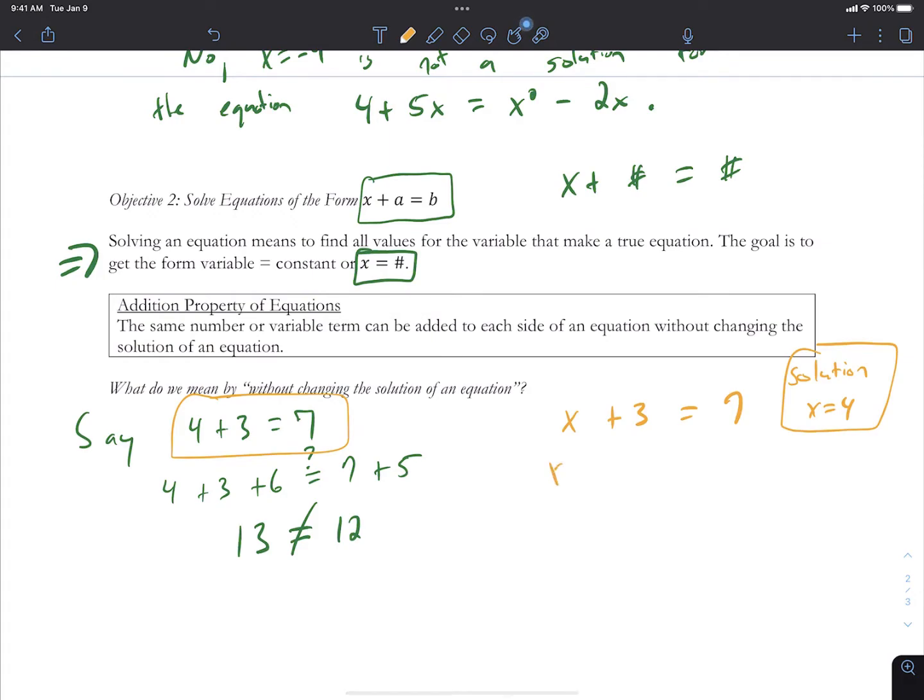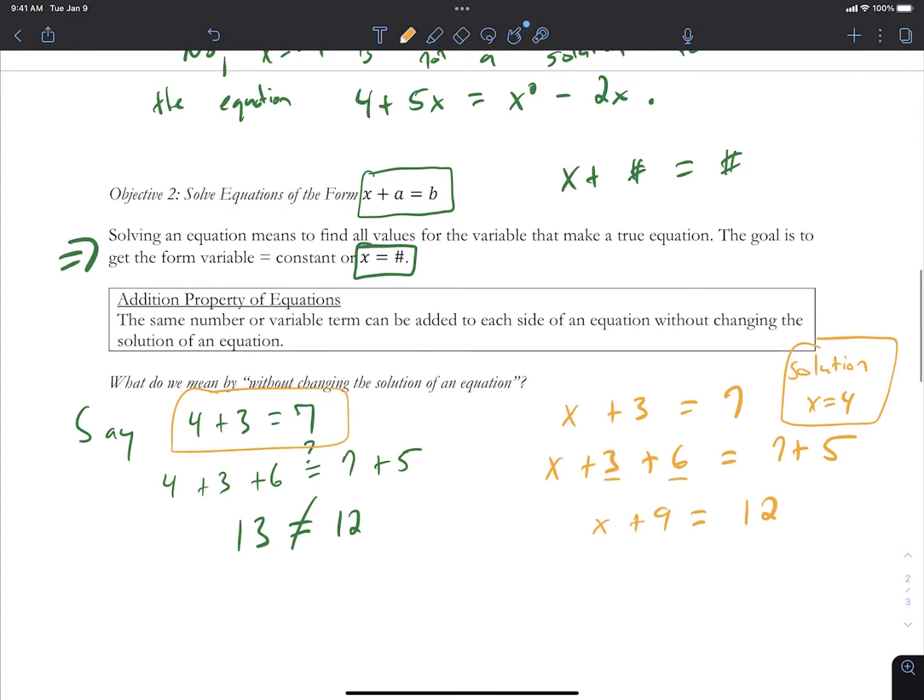So if I take x plus 3 and add 6 to the left-hand side and add 5 to the right-hand side, and then I simplify, on the left-hand side, I can combine the 3 with the 6. Those are like terms. So this would be x plus 9 equals, and then 7 plus 5 is 12.